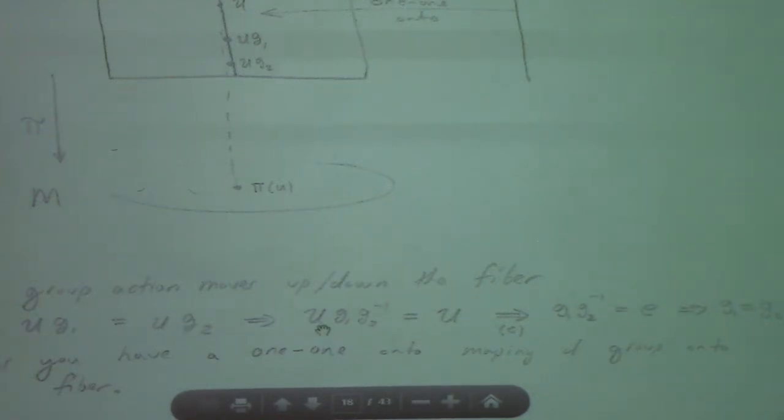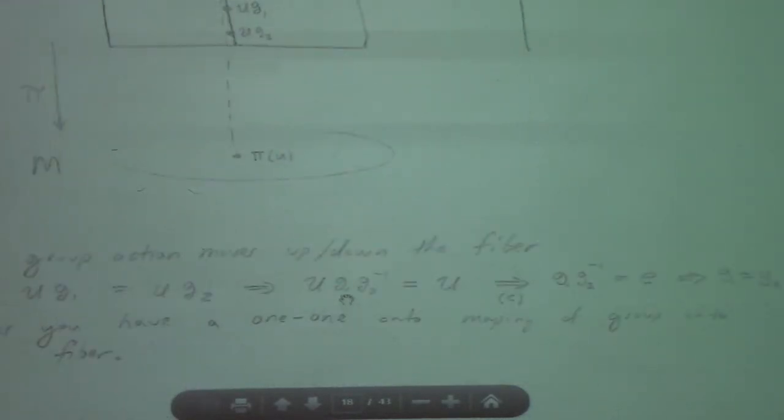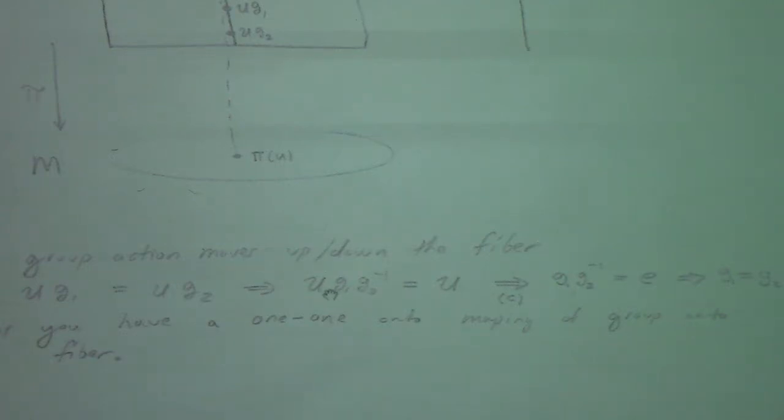u g1 equal to u g2 implies u g2 inverse equal to u, which implies that g2 inverse is equal to e, which implies that g1 is equal to g2. So you have a one-to-one mapping of the group onto the fiber. If we have these two things in the fiber equal, that implies that this is the identity, which implies that g1 is equal to g2.